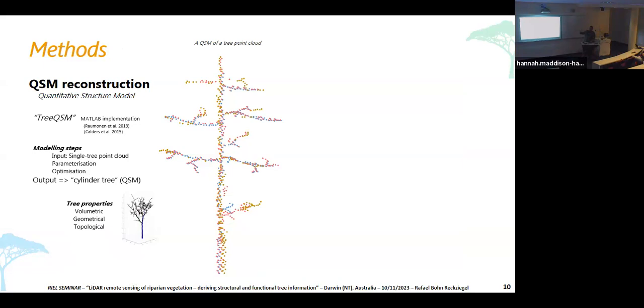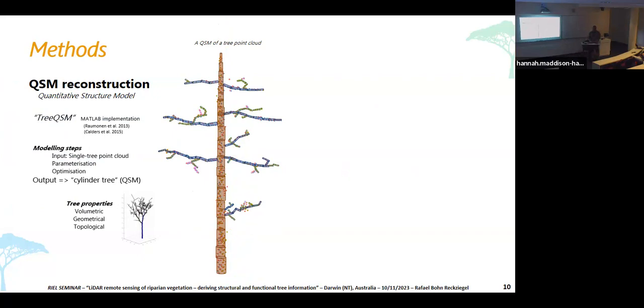Quantitative structure models are the general term for this type of geometrical modeling. From an individual 3D point cloud, we have cylinders fitted to small patches of the point cloud, and so you reconstruct the whole structure in different orders of branches, as you see now in the different colors.